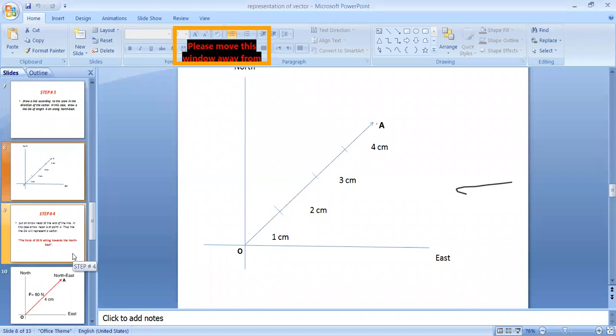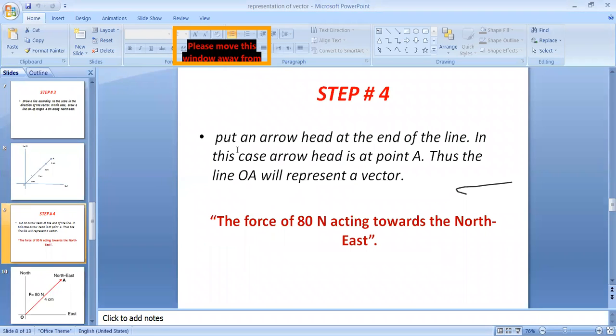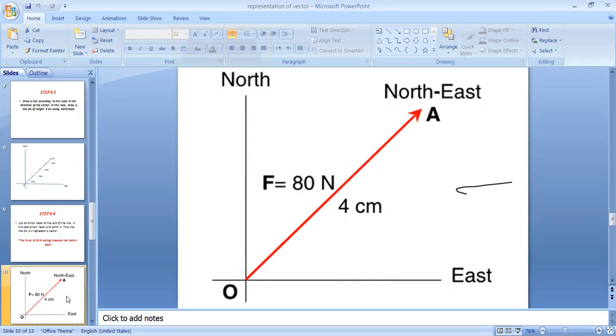Now, step number 4. Put an arrowhead at the end of the line. In this case, the arrowhead is at point A, thus the line OA will represent the vector. The force of 80 Newton acting towards the northeast is ready. Now, we can see from the picture, this is your point O, this is A, north, east, and northeast is between them.